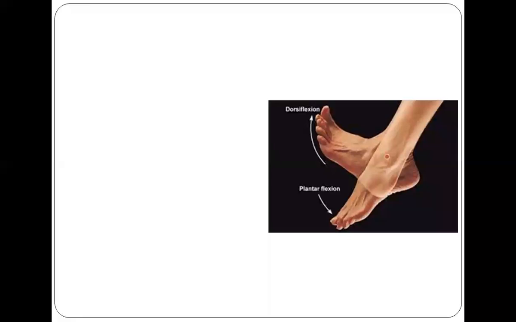Now, this is just a movement you can demonstrate in your own foot. When you raise the foot up off the ground, from anatomical position, it is called dorsiflexion. Whereas when you plant your foot on the ground, like when you stand on your toes, that is called plantar flexion.